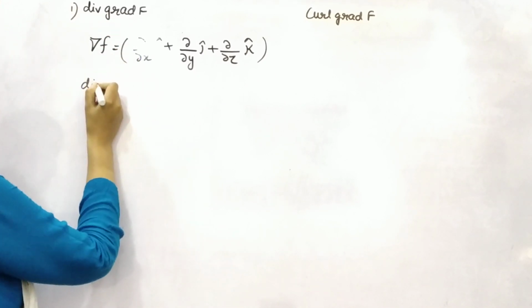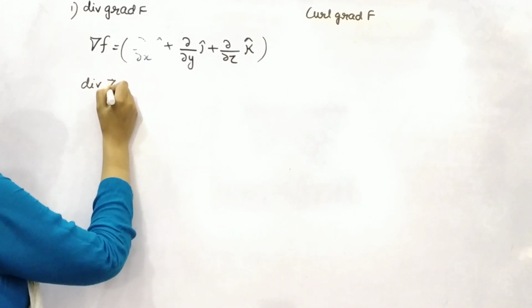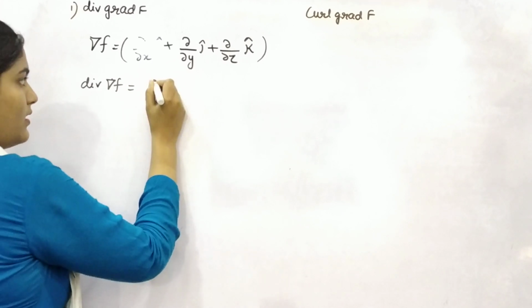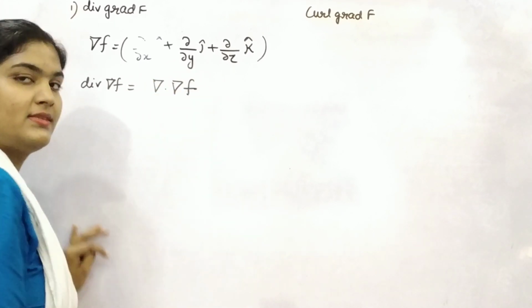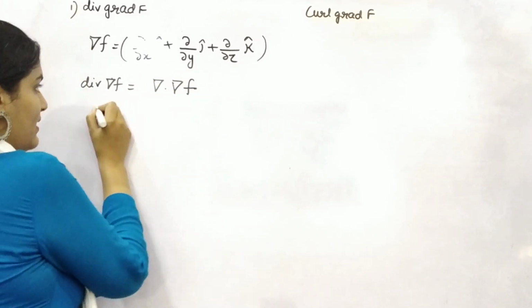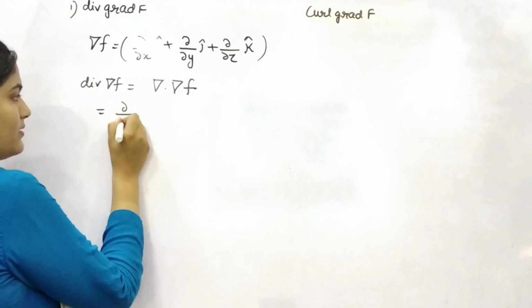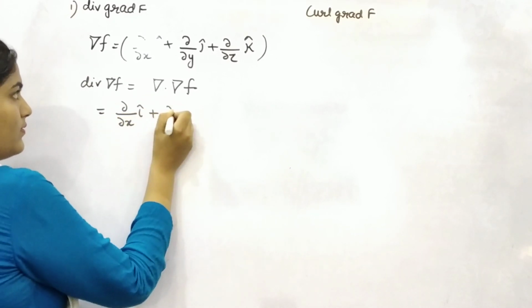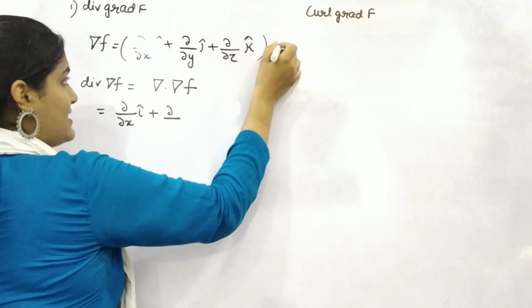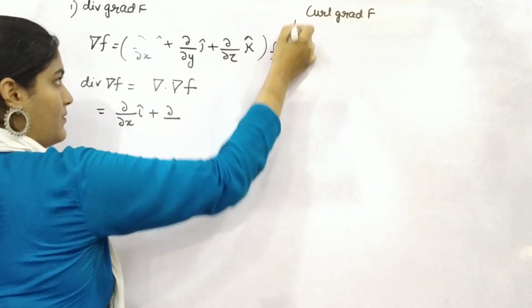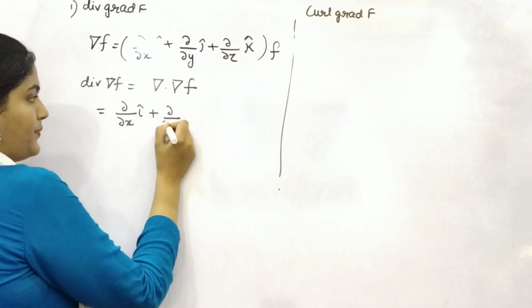Now the divergence of gradient f will be this dot product, right? Because it has f, you have to write it as f.